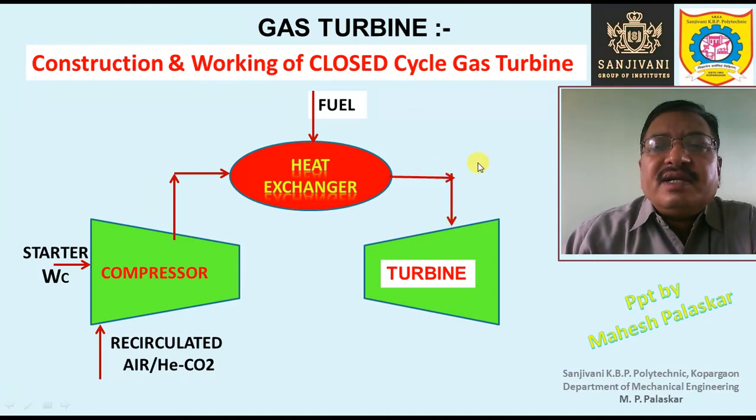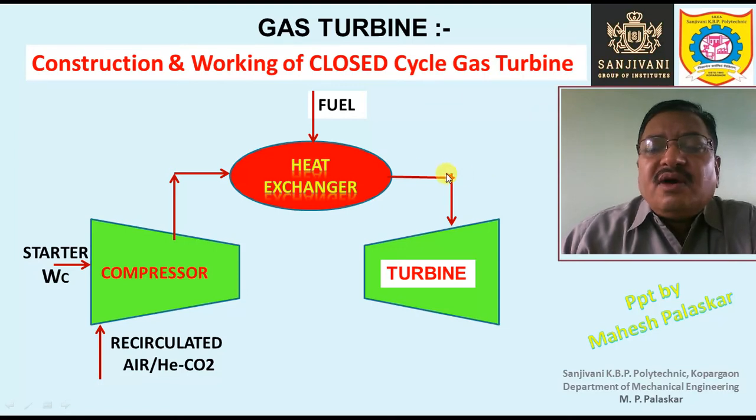Now this working substance whose temperature as well as pressure has been increased, temperature is increased in the heat exchanger, pressure is increased in the compressor. Now this working substance is having a lot of energy, say pressure energy, heat energy, etc., right?